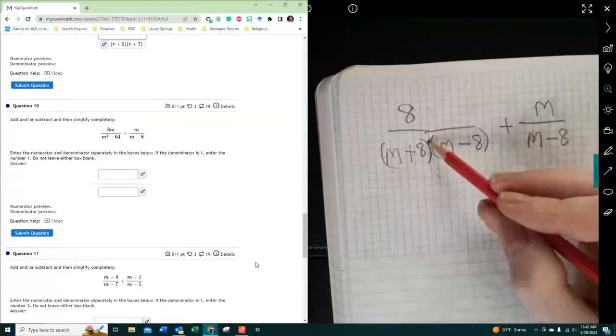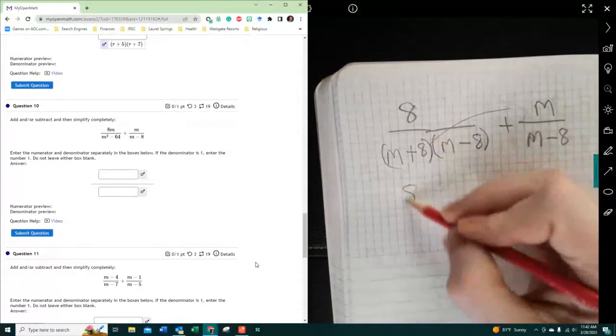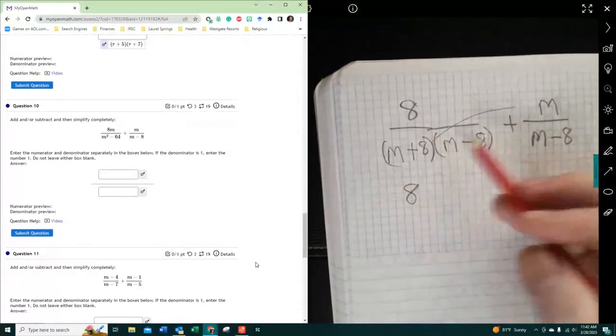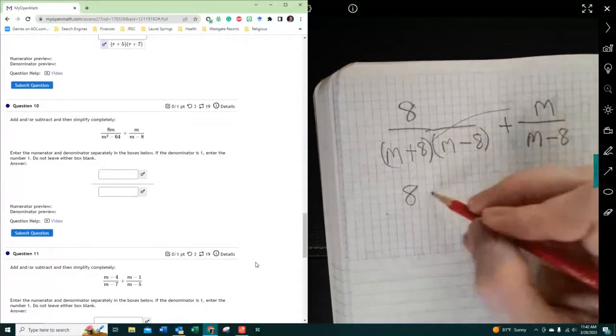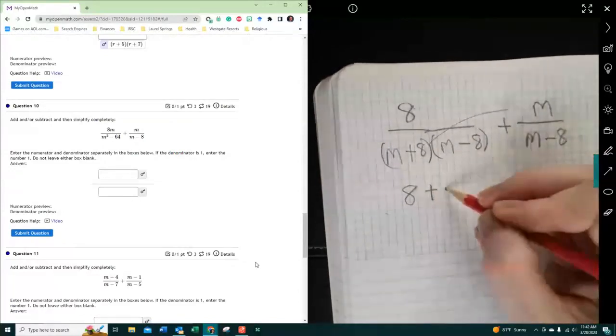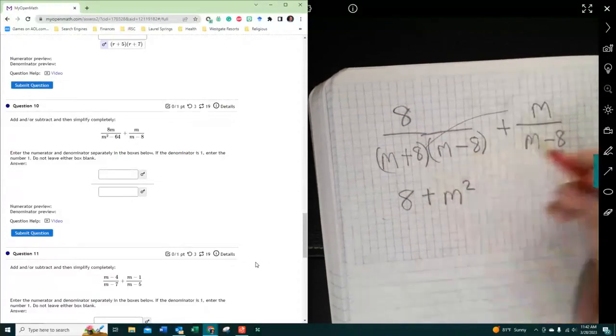So the process here is that I factored first, multiply this to this. That gives me this as the same, right? And then I have this times that, and that gives me plus m squared. Yeah, m squared.